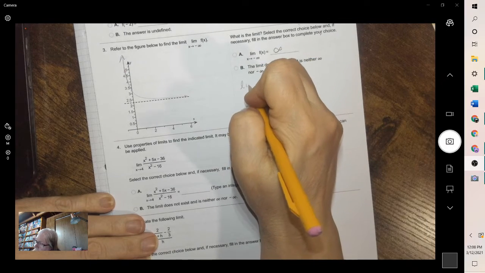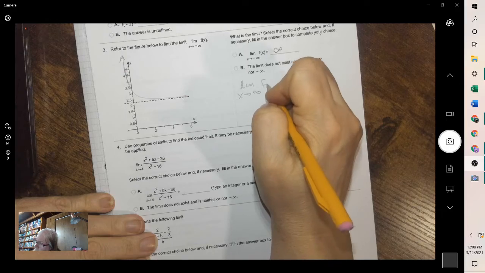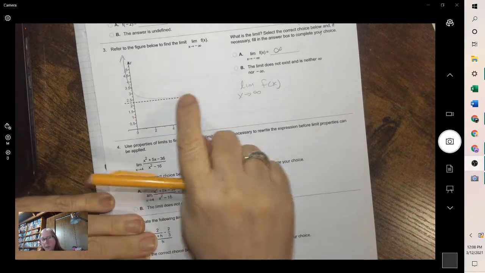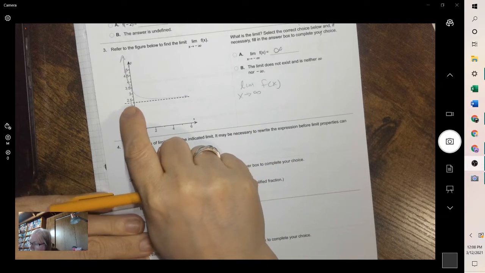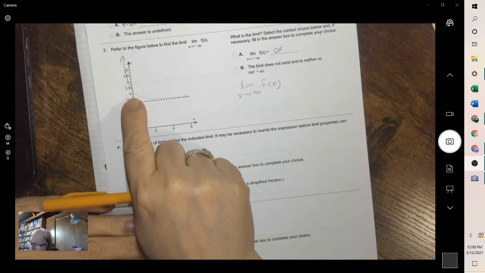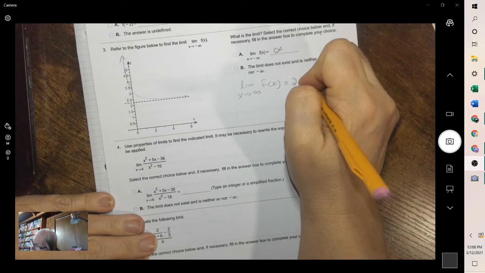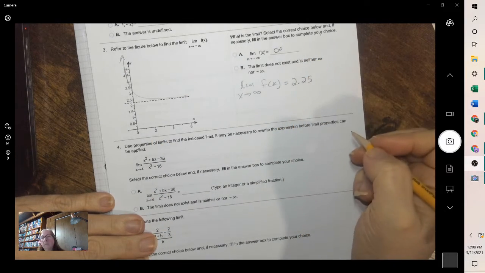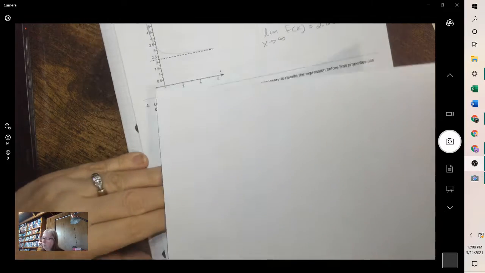If we were looking at the limit as x approaches infinity, we would be going this way. And as x is getting larger, y is getting close to 2 1/4. Give it one more.